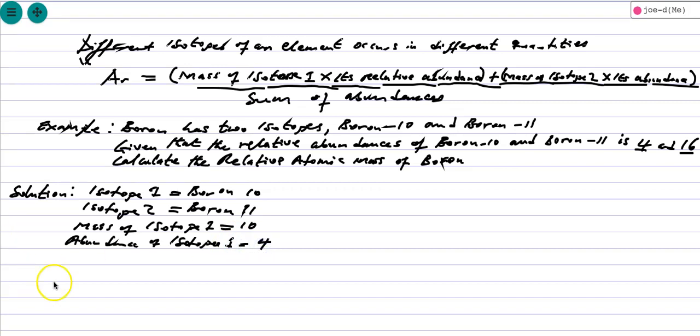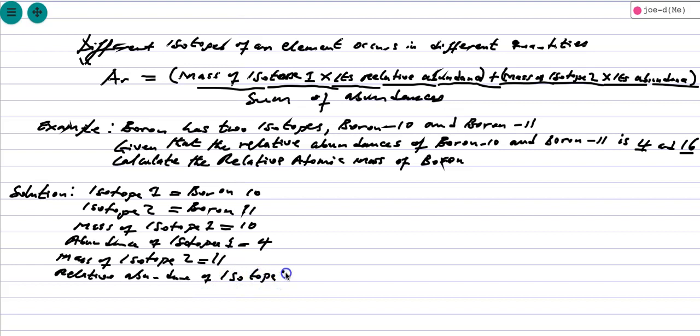So let's apply the same principle. The mass of isotope 2 is 11, and the relative abundance of isotope 2 is what? 16.